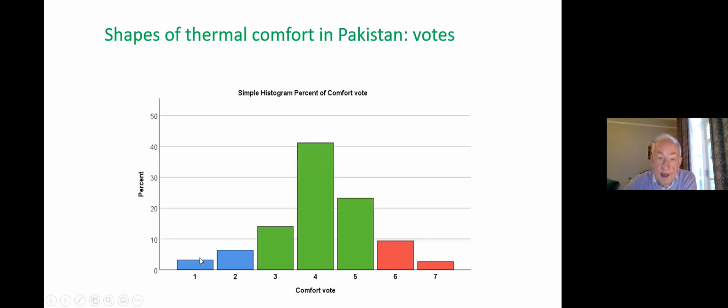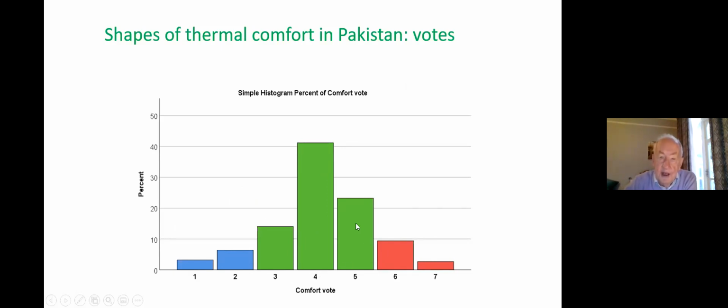This is the actual percentage, which looks less than you would expect, but it means that something like 20% of the time, the total population is either cold or hot, uncomfortable, probably we could say. Whereas the other 60% of the time, they're comfortable.